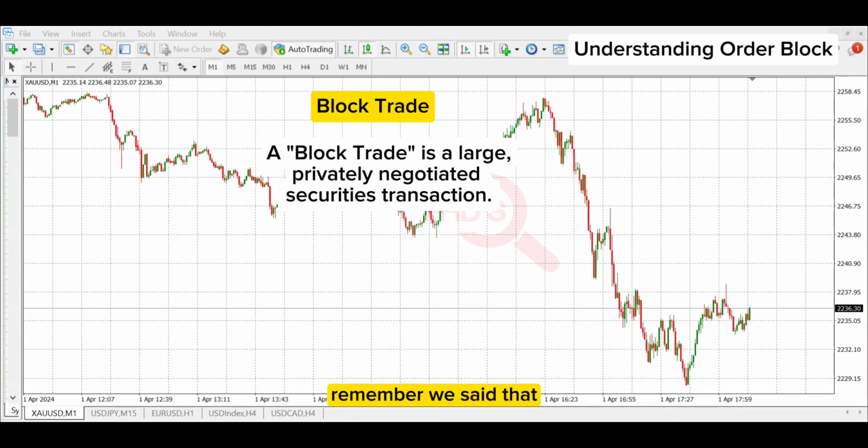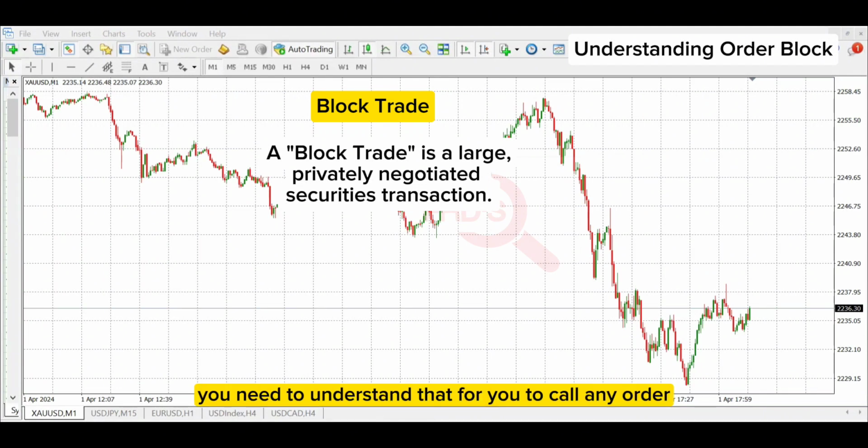Remember, we said that order block has to do with where big institutions have previously placed their trade. How do they place this trade? That is what brought us to look at block trade. Block trade is a large, privately negotiated securities transaction.